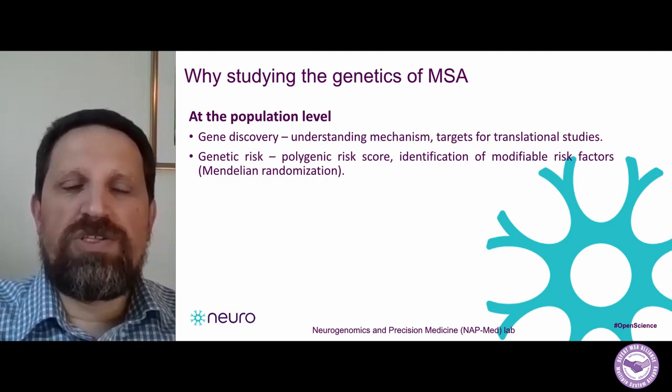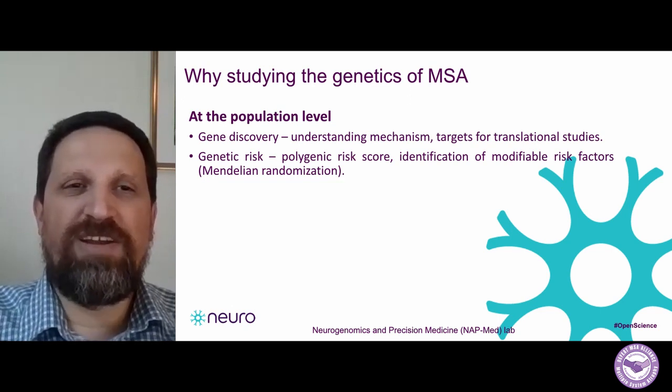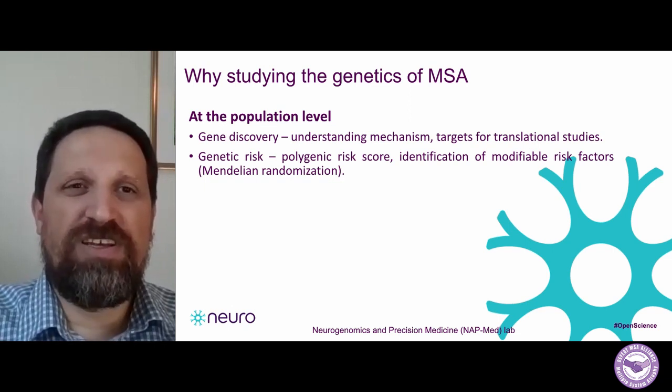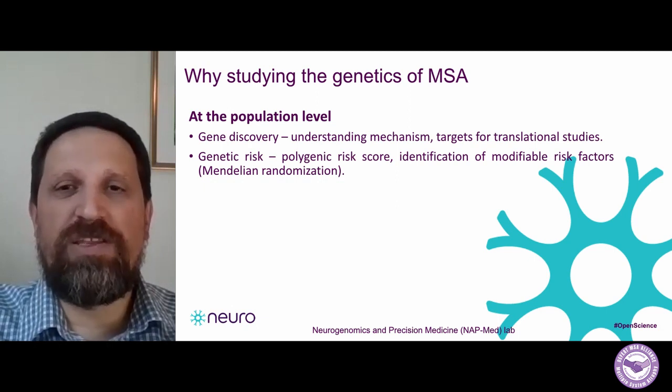Studying the genetic risk also allows us to identify what we call modifiable risk factors using a method called Mendelian randomization. I know that there's a lot of terminology here, but I will try to explain it later on.